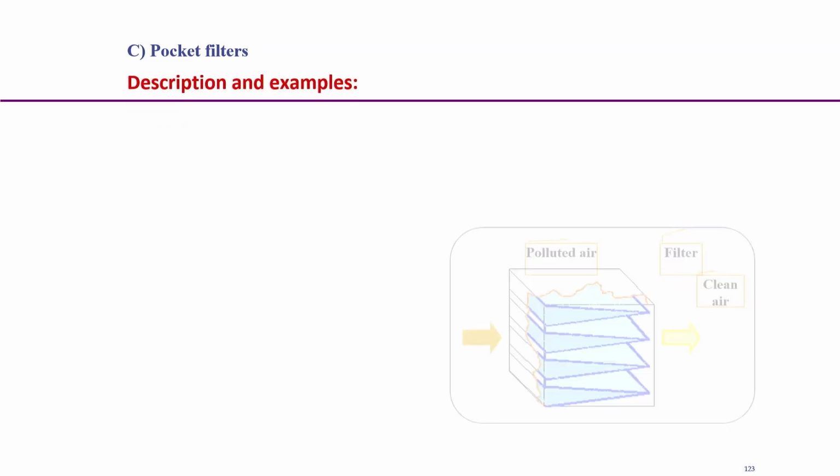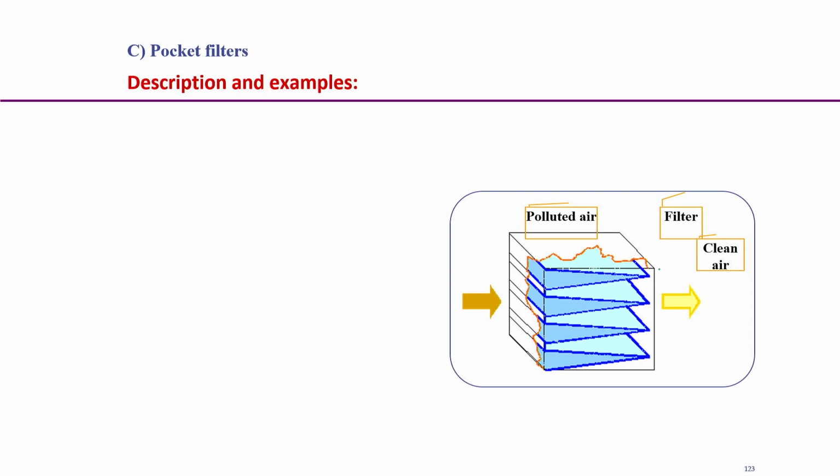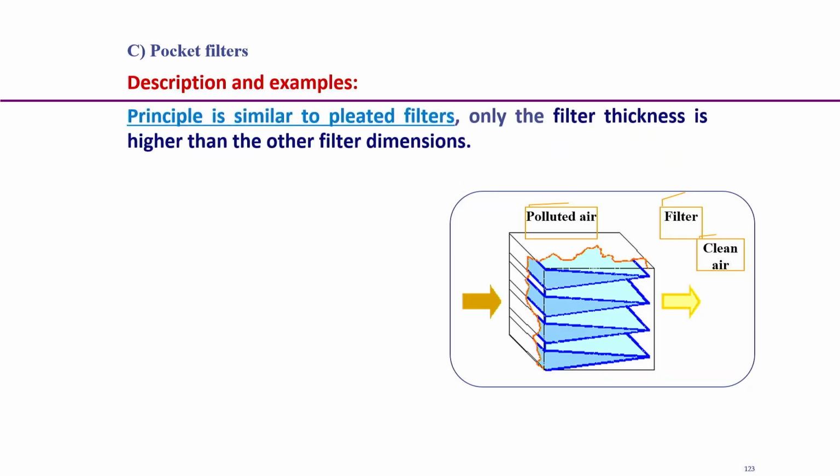Another is the pocket filter, which is similar to the pleated filter. This is the pocket filter where a pocket is generated, similar to the pleated filter, but only the filter thickness is higher than the other filter dimension. So, here the filter thickness is much higher than the pleated filter.